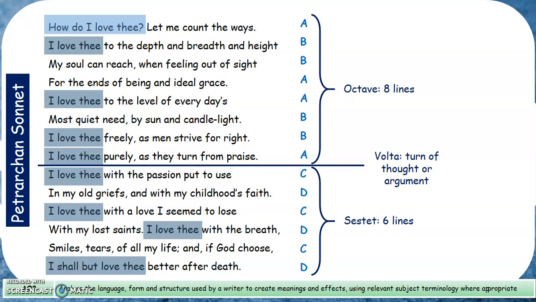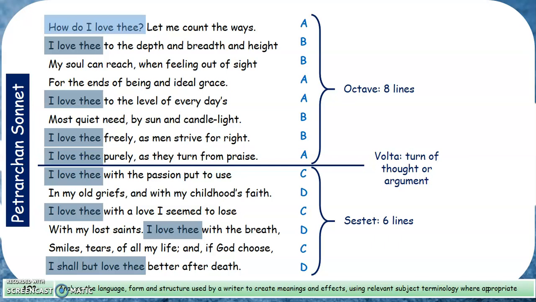But the second half, the sestet, almost describes how this love has transported Elizabeth Barrett Browning from the bleakness of her earlier years. So you've got the old griefs and thinking about her childhood faith, so who she should have had faith in and who might have let her down and upset her, and this man has saved her now, so he's given her a new lease of life, a new reason to love.